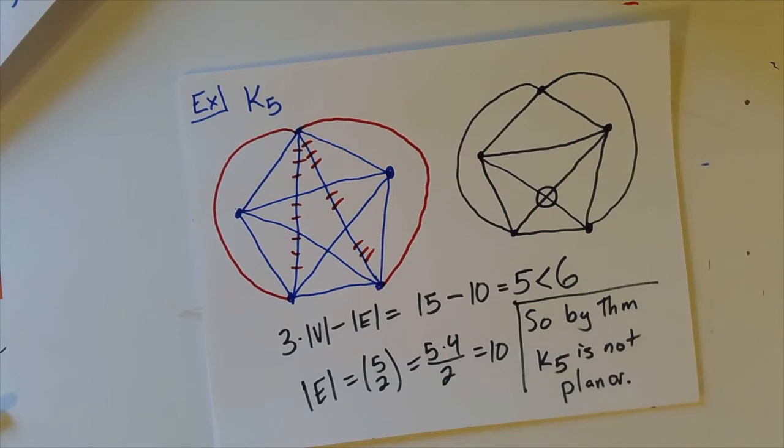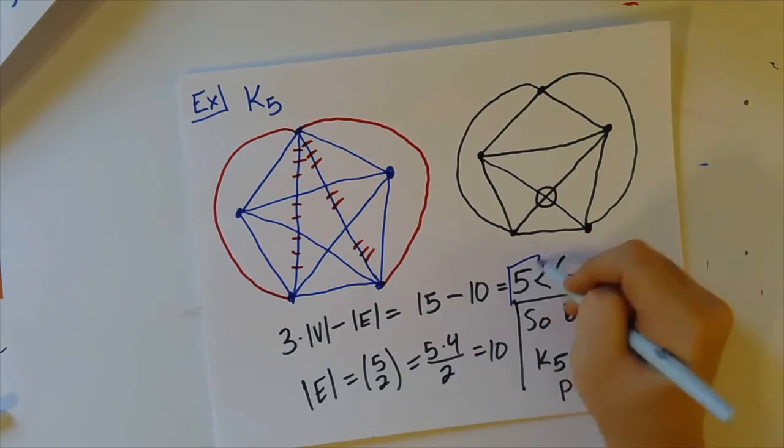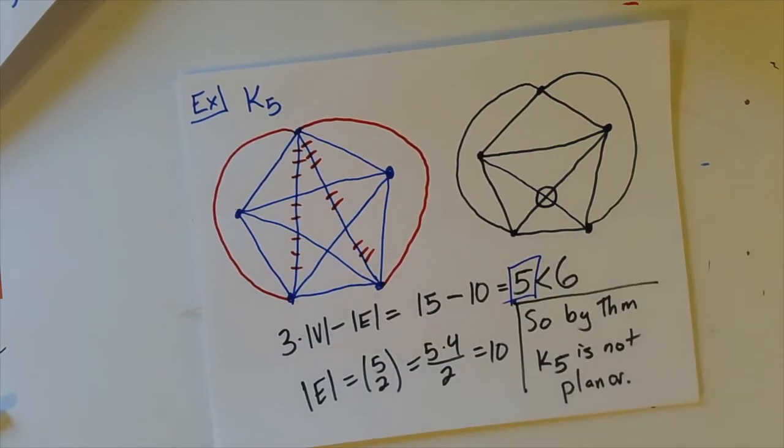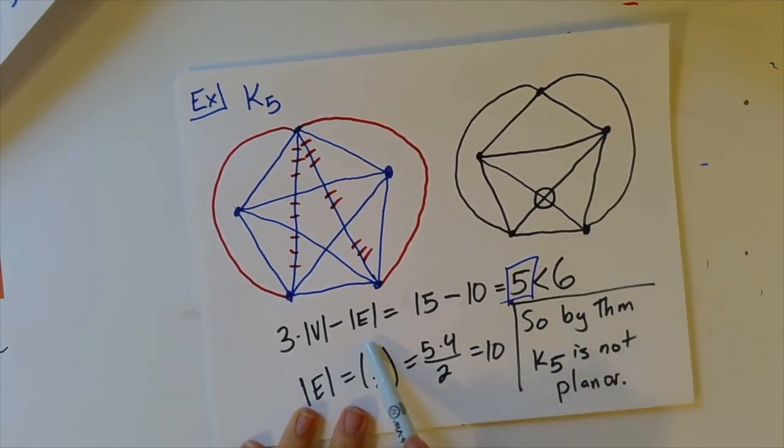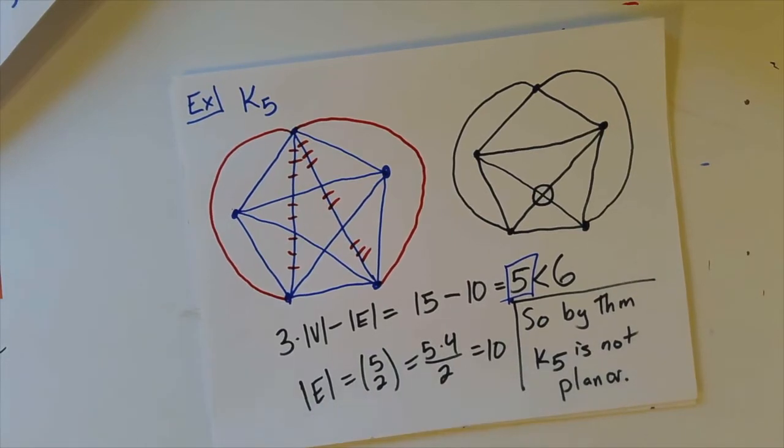Okay. Now you might notice this is a pretty near miss. The thing I said was this number has to be at least 6. In this case, it wound up being 5. So you might say, okay, well, that kind of means that, in some sense, there's one too many edges. So you might ask, hey, if I took an edge out of K5, would it then be planar?